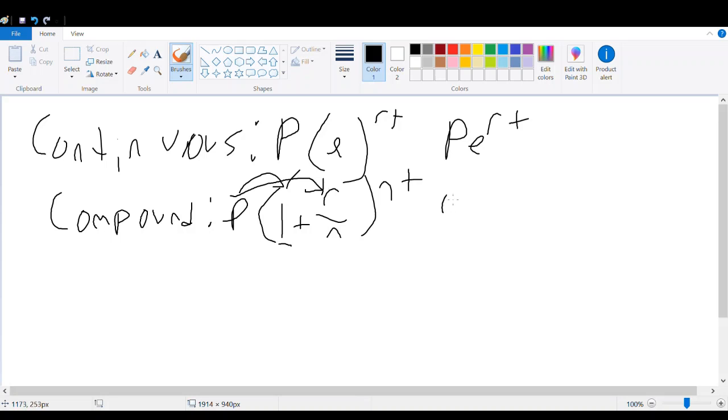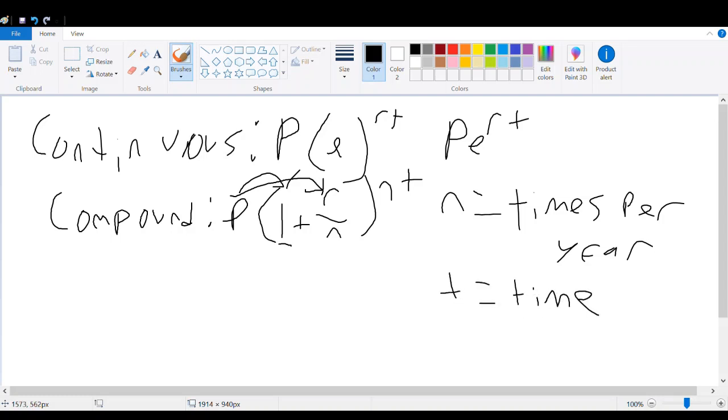And n is amount of times invested per year. T is the time, and then r is the rate invested. And those are just the compound and continuous interest formulas. You just have to memorize those. They are very common word problems, very common application problems. There's a few other uses of this, but this is the most common one.